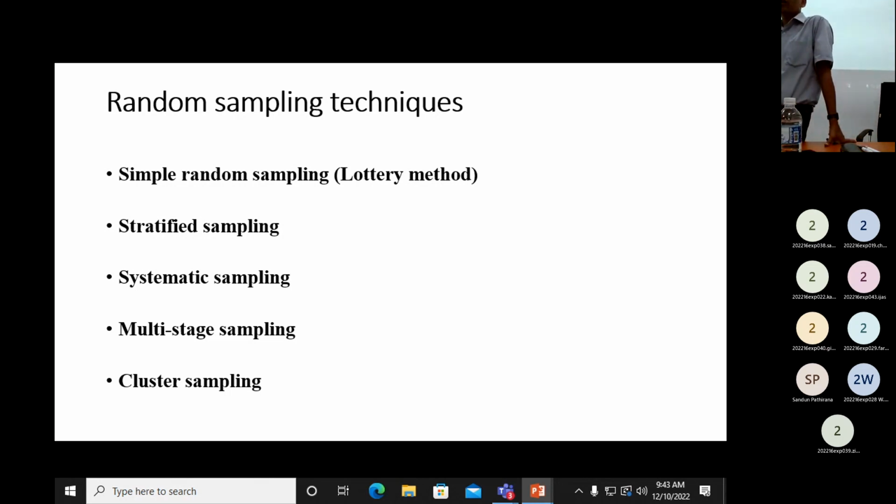Several stages you want to follow one by one. First stage, second stage, third, fourth, likewise. The number of stages will depend on your study, but we follow several stages. Sample items should be selected from the final stage. That's why it is called multi-stage sampling.